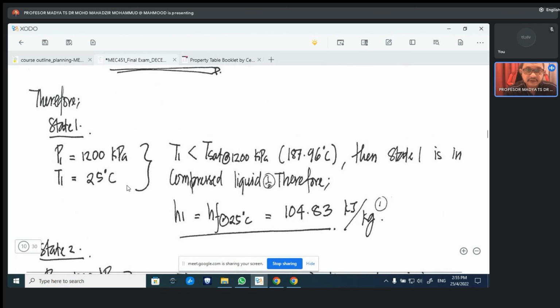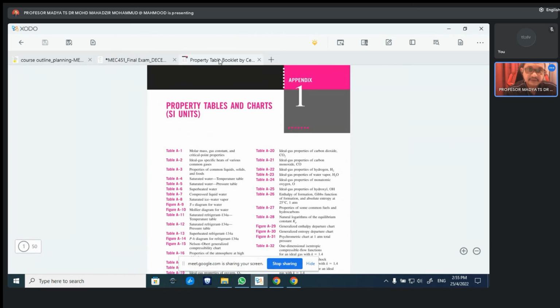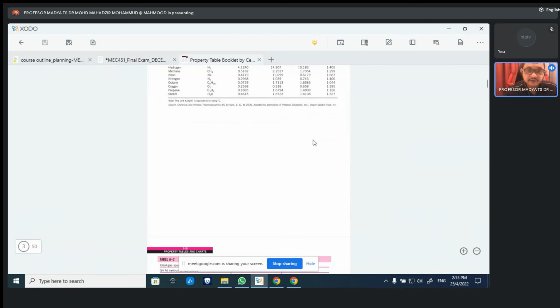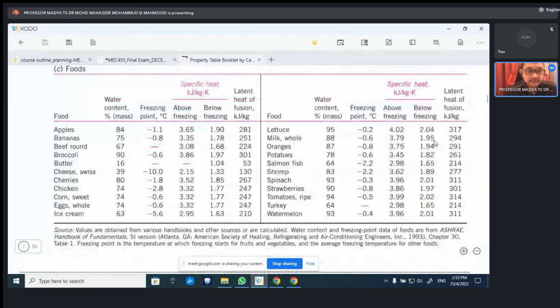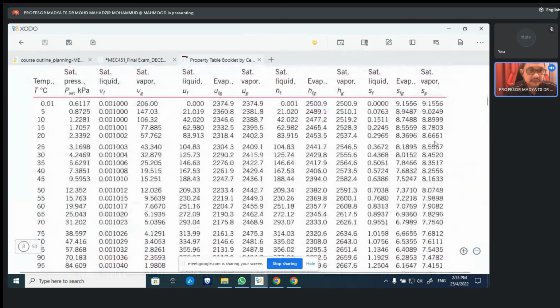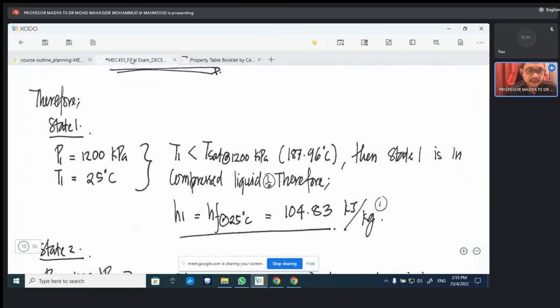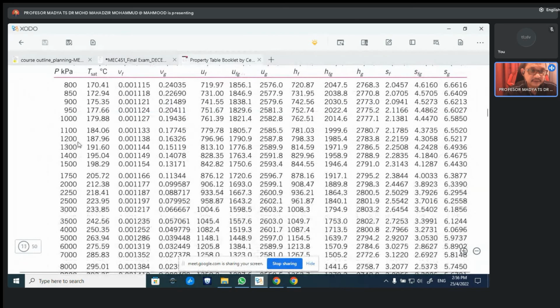So at these conditions, we look at the saturated water table. Find 1200 kilopascal. The saturation temperature is 187 Celsius.